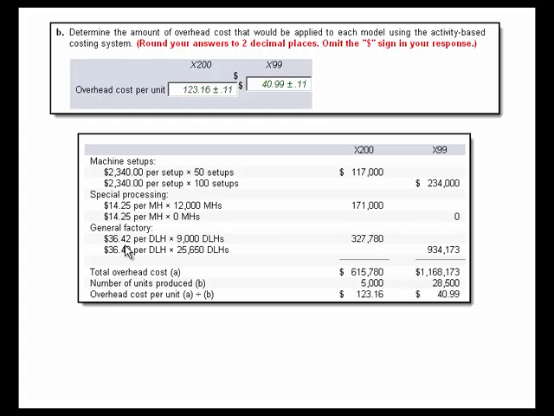All of those we solved in the last part of this video, and we multiply it times the number of setups for that particular product, the number of machine hours, and the number of direct labor hours. You see the math. Sum it. We come up with the total overhead cost, and then we divide by the number of units produced, and that was given in the problem, to come up with the overhead cost per unit. And that's where we come up with the $123.16 and the $40.99.